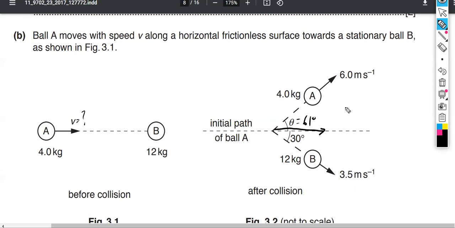So we're going to have a final momentum in the x direction for ball A, and a final momentum in the x direction for ball B. You could put the B as a subscript or just in your figure, however you want to keep track. By calculating these, we could sum them and realize it's equal to this momentum. All the momentum in the x direction came from ball A.